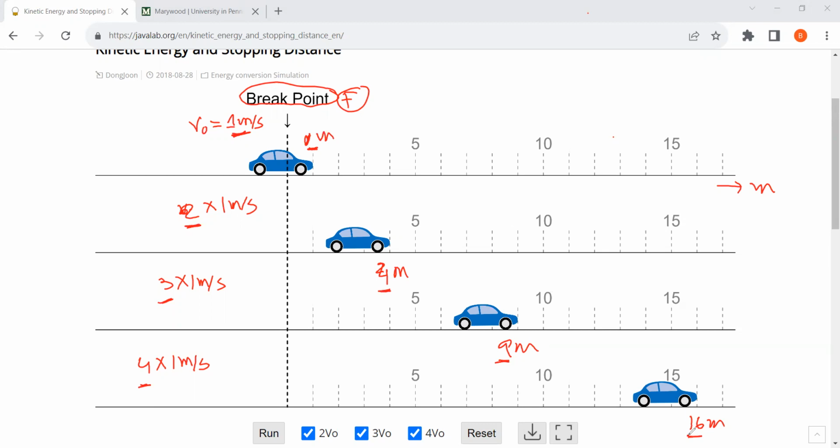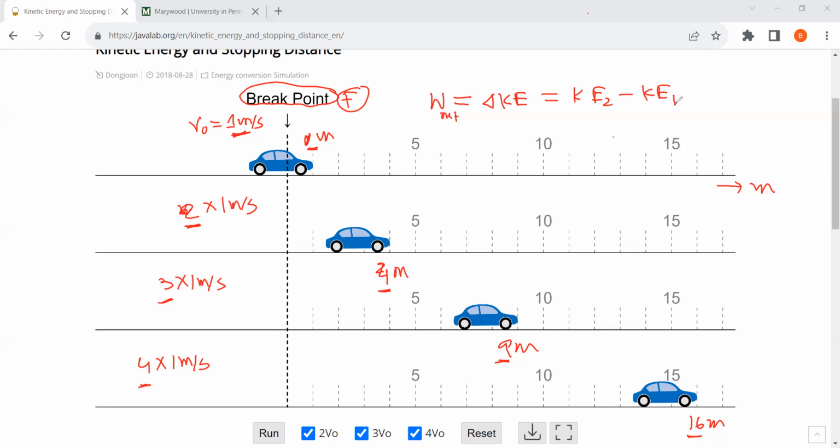So how do we prove it from the work kinetic energy principle? You know that the work kinetic energy principle tells us that net work is equal to the change in kinetic energy, right? Change in kinetic energy is final kinetic energy minus initial kinetic energy.